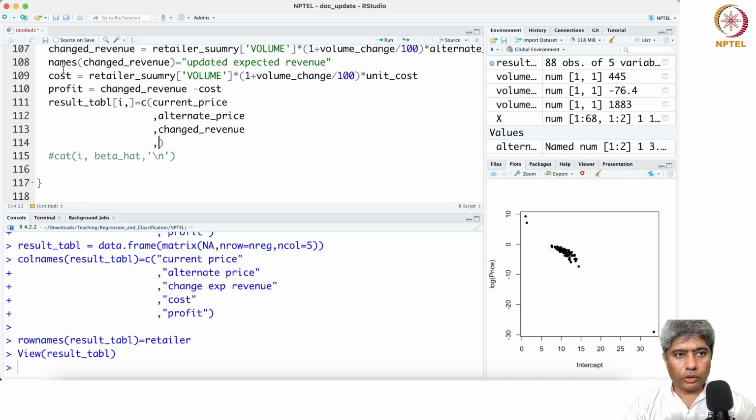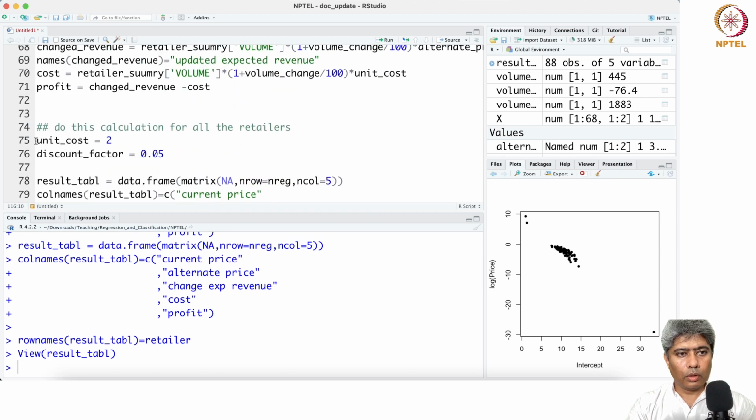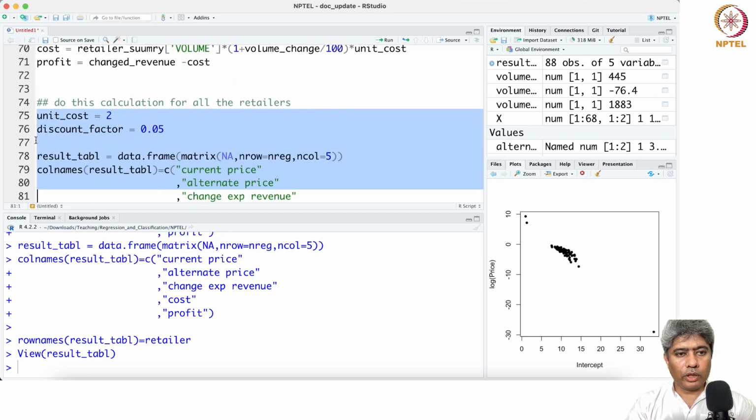Then cost because of the change offer, and what is the final profit. Okay, so let me see. All right, let me just run it.